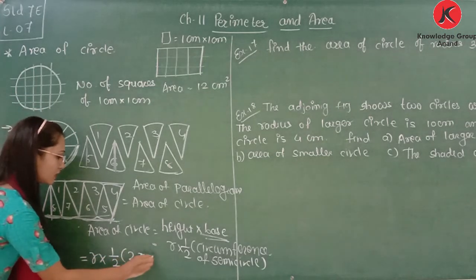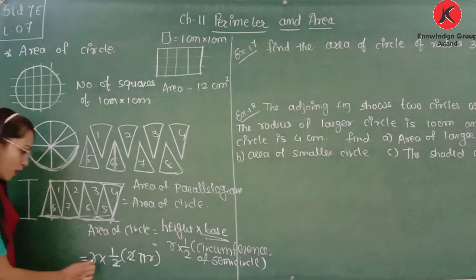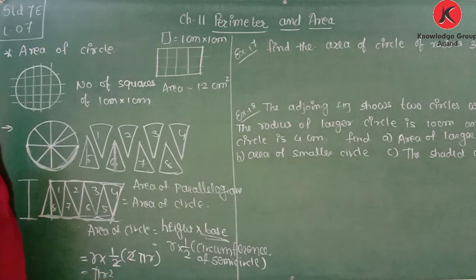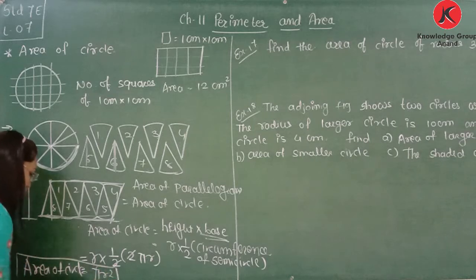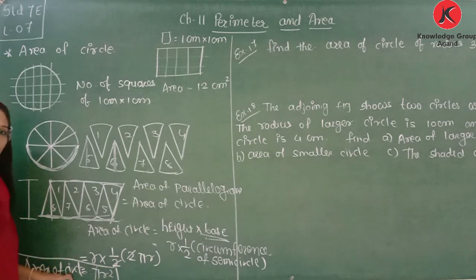Circumference of semicircle is 1 by 2 pi. So we can cancel out this. Now r 2 times, so the equation will be pi r square. So what is the area of a circle? That is pi r square. Clear?